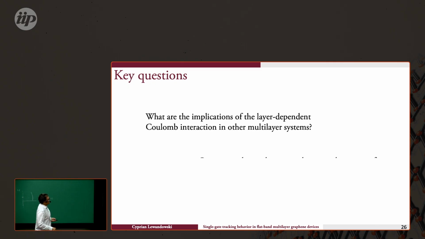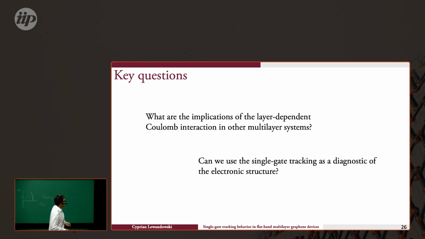So what I am taking from this analysis is that layer-dependent Coulomb interaction is important, but what I think is more important to ask is how does it manifest in the systems which are more interesting, okay? And the next thing which I would like to ask is whether I can use this phenomenon of single gate tracking to be able to tell you something about the underlying electronic structure.